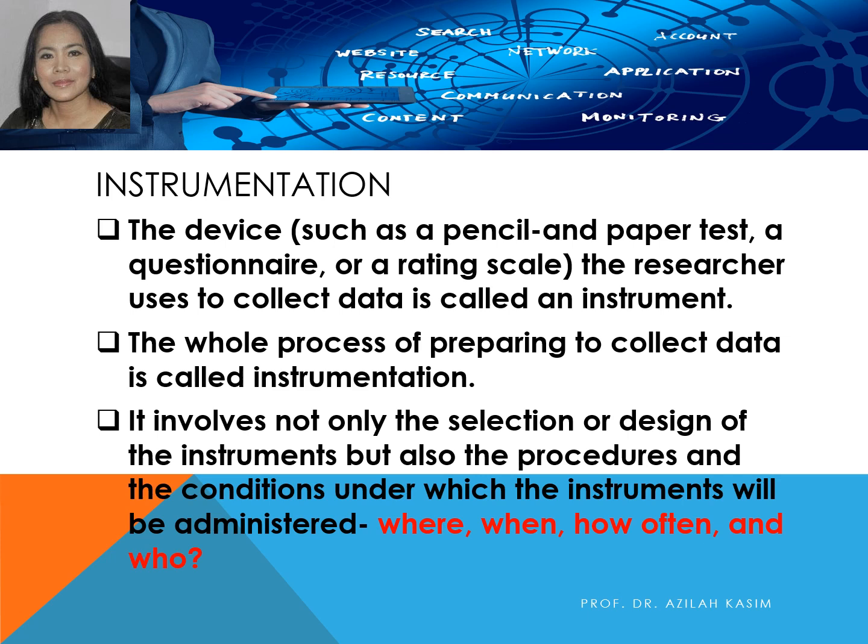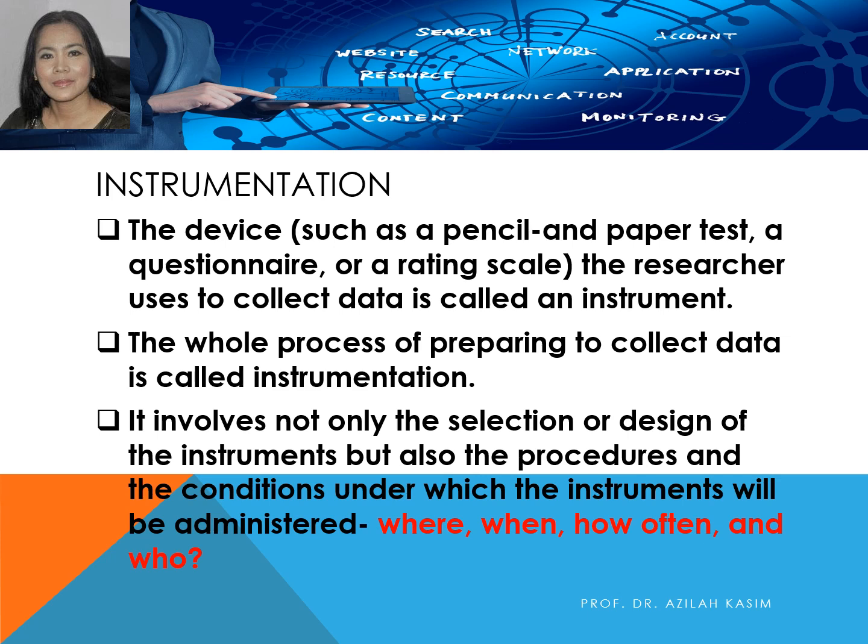The whole process of preparing to collect data is called instrumentation. The process means the work that we do to review the information from the literature in order to find out what past researchers have used to measure certain constructs, how they have distributed it, and what kind of sampling technique or strategies that they use.